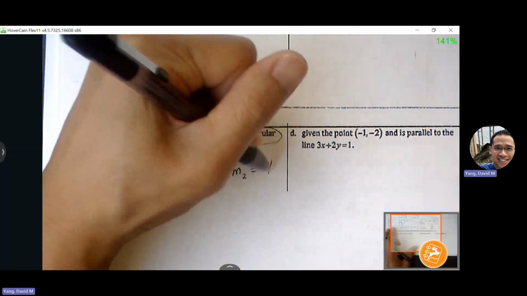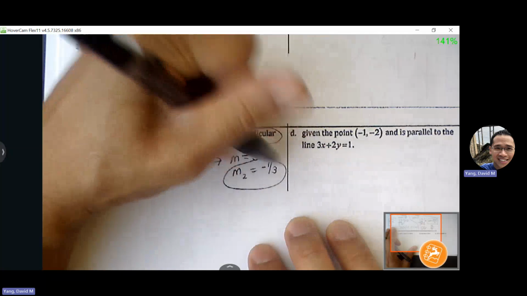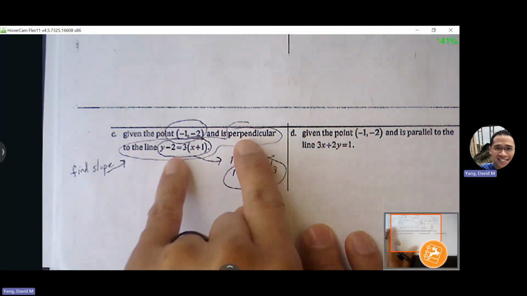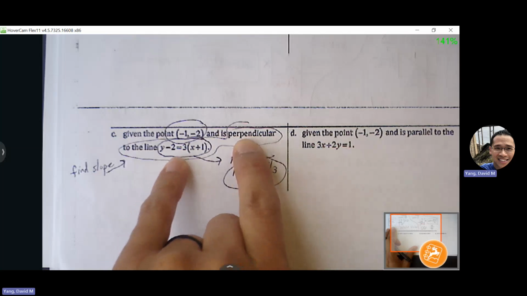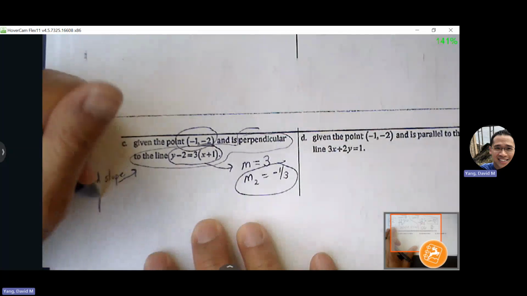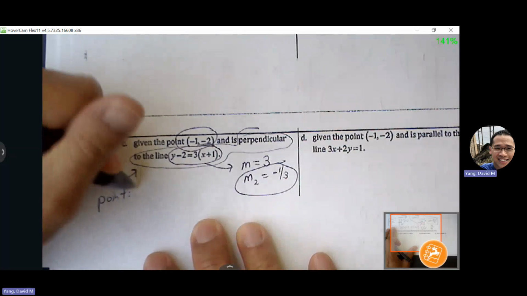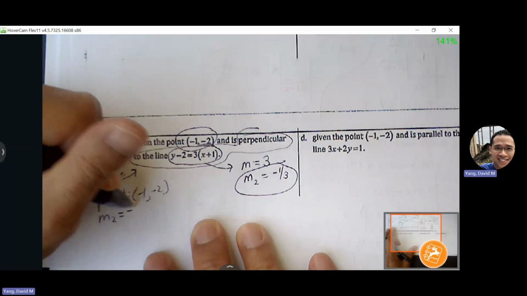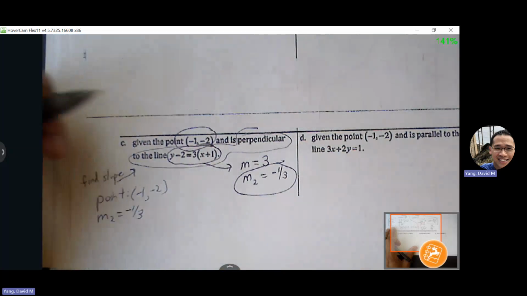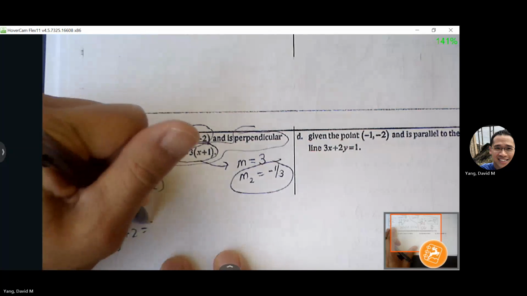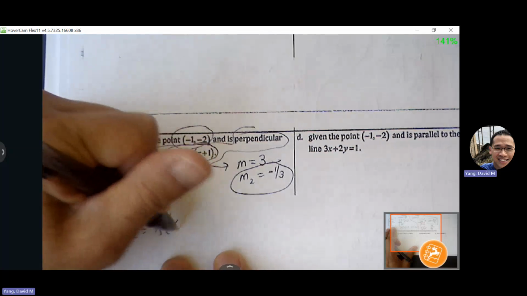So -1/3. Okay, so this is what we want. That's all we care about from this second portion, just the slope. So then the point is -1, -2. Our slope that we want to use is -1/3, and now we can put it in point slope form. And then just leave it in that point slope form.